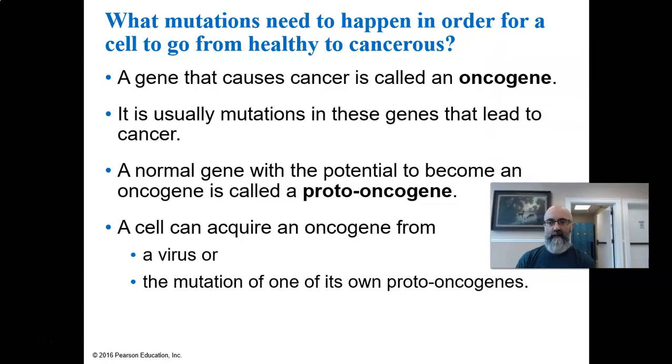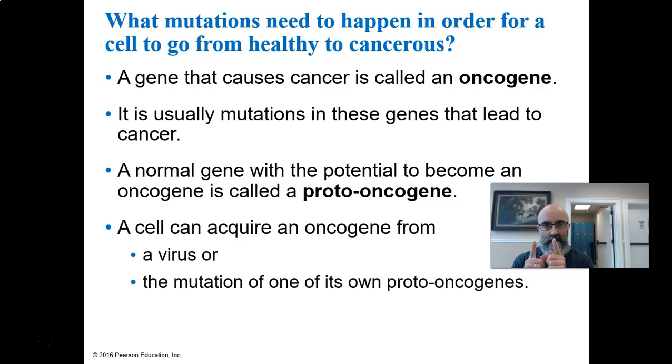Cancer is caused by mutation, right? But it's not just any part of a chromosome or any one part of your genome that mutates. There are some mutations that count a lot more than others when it comes to the formation of cancer. And we have this family of genes. A gene, remember, is just a code for a protein.